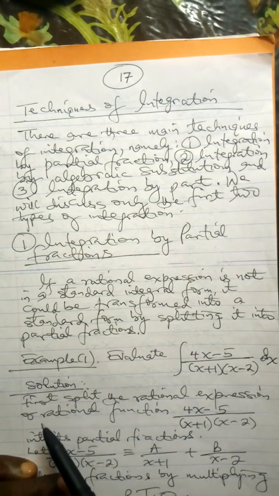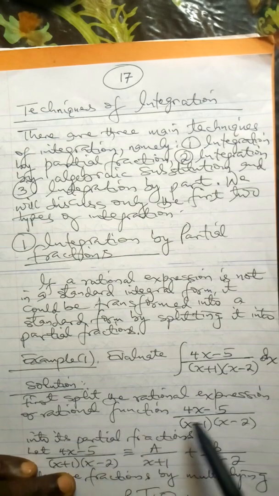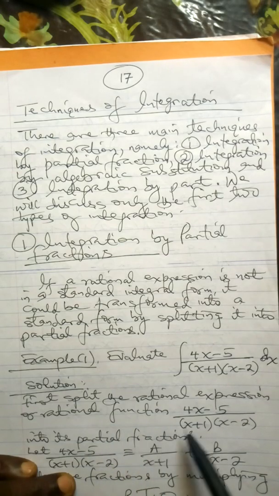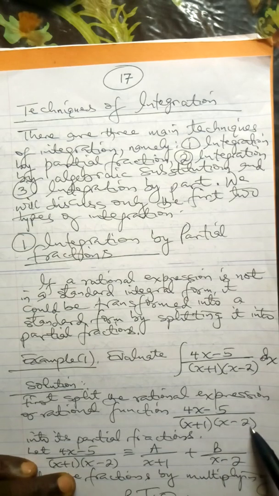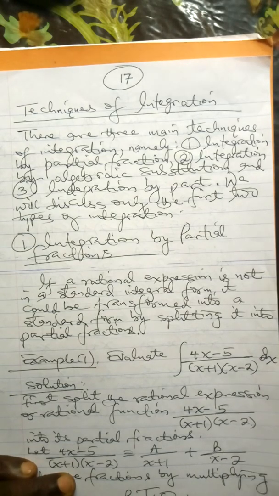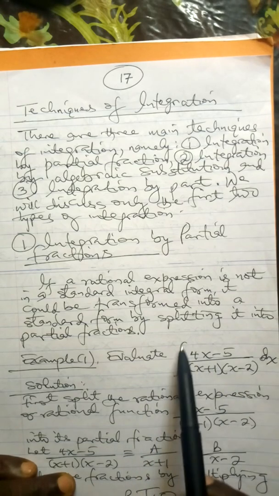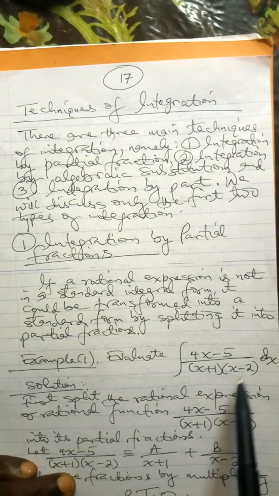Solution. First, split the rational expression, or rational function, 4x minus 5 over x plus 1 into x minus 2. So now what am I saying here? The question is, we should evaluate the integral of 4x minus 5 over x plus 1 into x minus 2 dx.